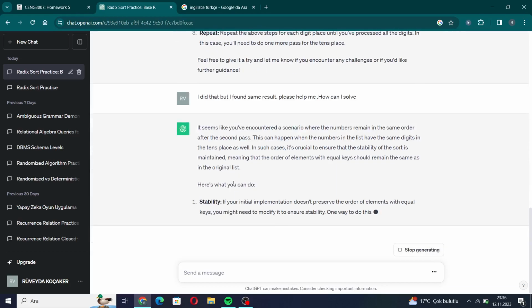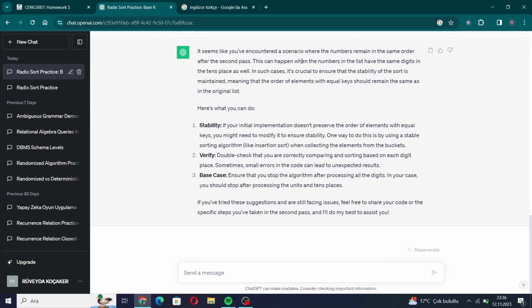It seems like you encountered a scenario where the numbers remain in the same order after the second pass, and the numbers in the list have the same digits in the tens place as well. In such a case, it is crucial to ensure that the stability of the sort is maintained, meaning that the order of equal elements is preserved. Here is what you can do. Check stability.